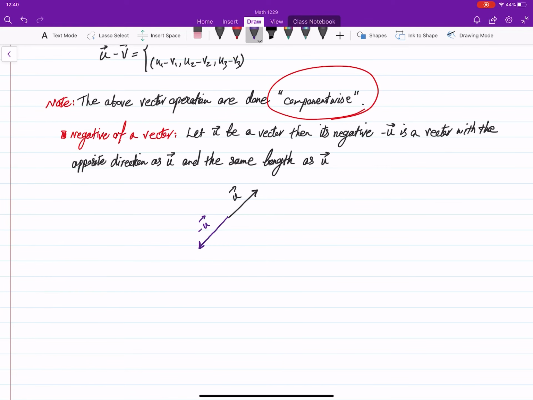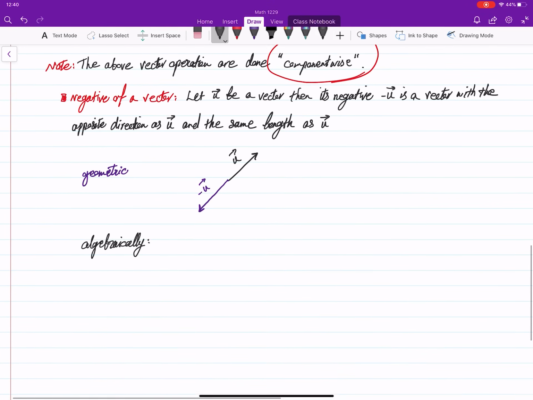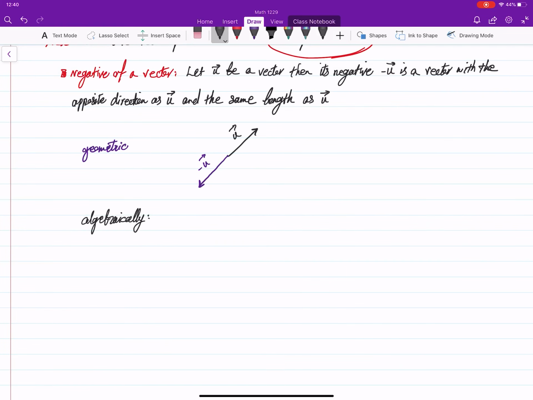This is the geometric part, but as you have seen, we work with the algebraic interpretation. Algebraically means what happens to the components. Well, to the components, this is what will happen.